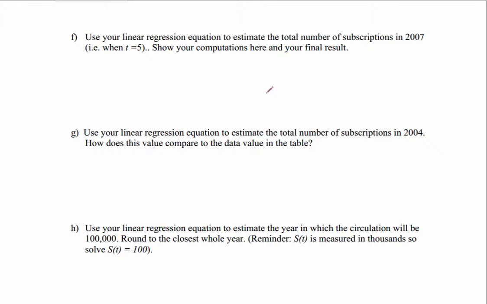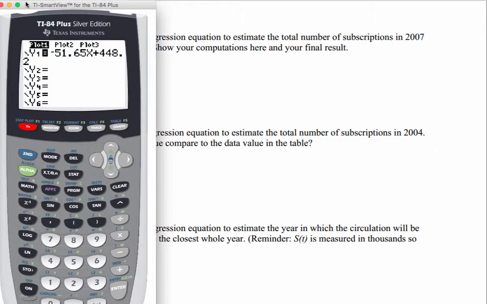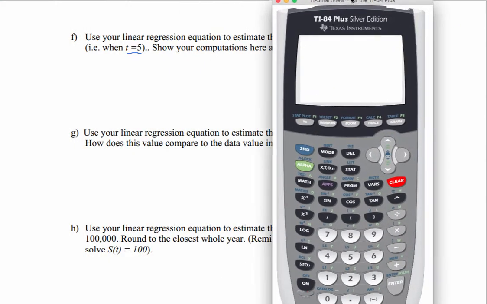Okay, use your linear regression equation to estimate the total number of subscriptions in 2007. Now notice 2007 is t equals 5 because t equals 0 in 2002, so 5 more years down the line is 2007. So to do that, let's go ahead and bring the calculator back in here. I can go back out to the home screen here, and let's move it over so we can see our numbers a little bit cleaner.